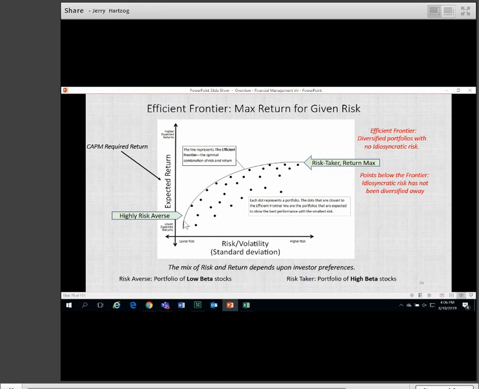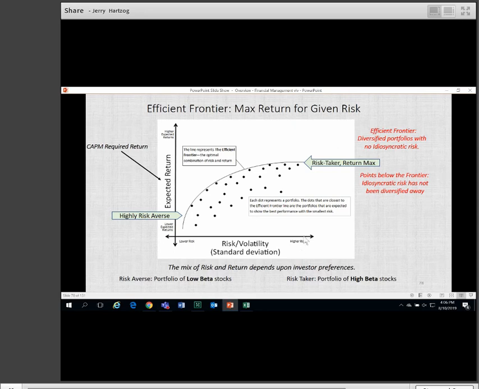Given that, they would go up until they hit the efficient frontier, and that gives them the maximum ratio of expected return to risk given their risk preferences. So what kind of investor is that? That investor might have a portfolio of low beta stocks, real safe stocks.